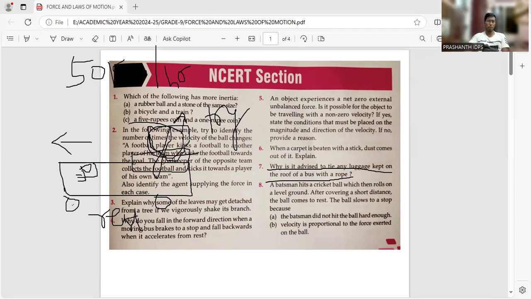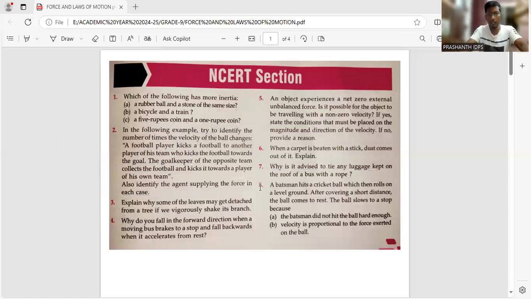So when the bus comes to rest, the luggage tries to stay in the state of motion due to inertia of motion, so it may fall down. I have explained the same in the fourth answer, why we fall in the forward direction. Same answer for this also. I'll be writing the answer, please note it down. So why is it advised to tie luggage?